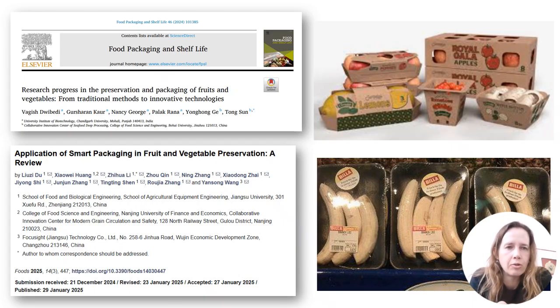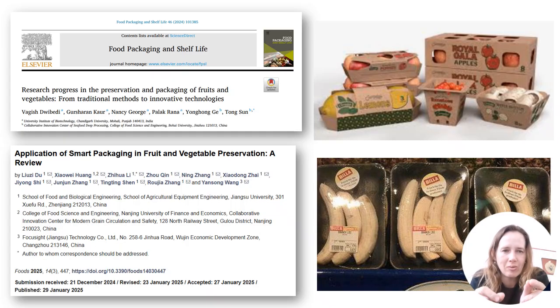Here, the journal is Food Packaging and Shelf Life, and the publication is Research progress in the preservation and packaging of fruits and vegetables: from traditional methods to innovative technologies. So it was exactly what I just said, and a publication from 2024. So it's still new, 2 years since this publication, and they were still discussing that.